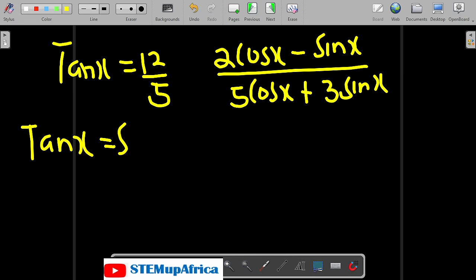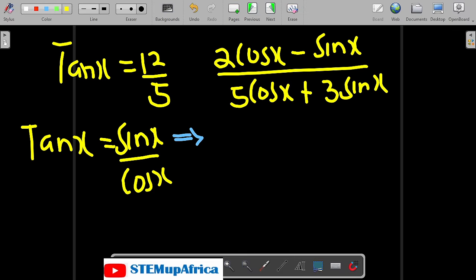is simply sin x over cos x. That's the value of tan x. So if you look at this expression, if I divide through by cos x, that will give me tan x directly. So let's divide through by cos x.